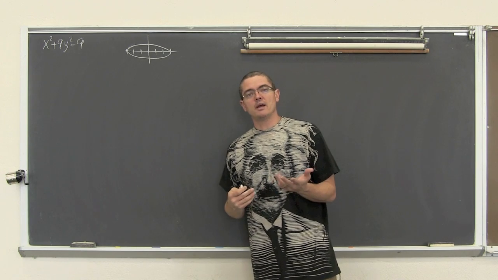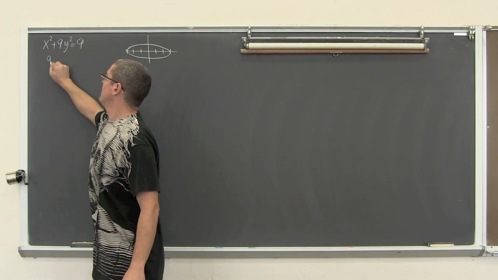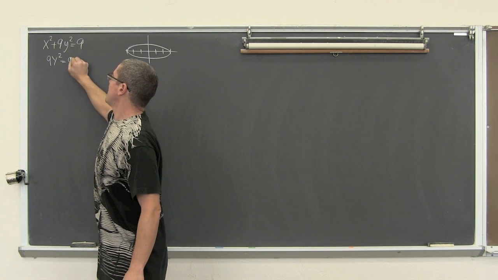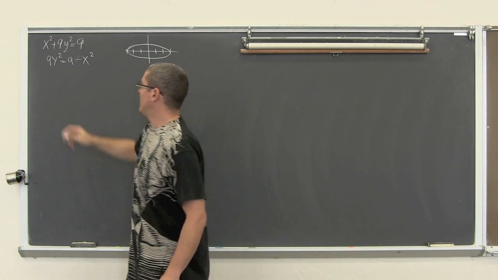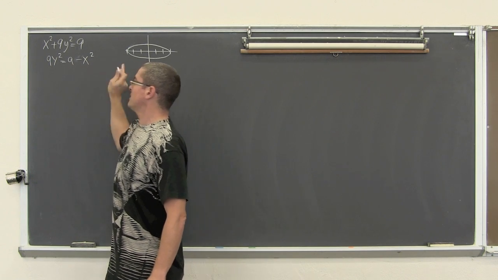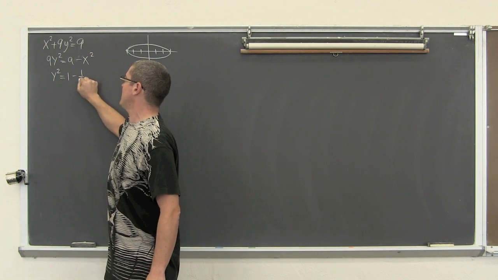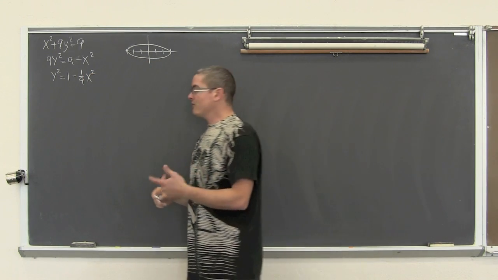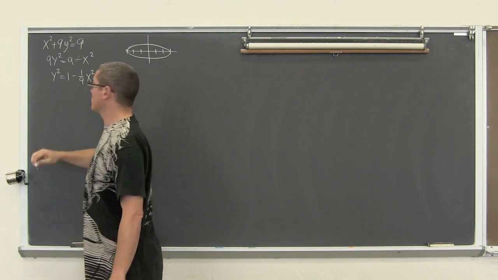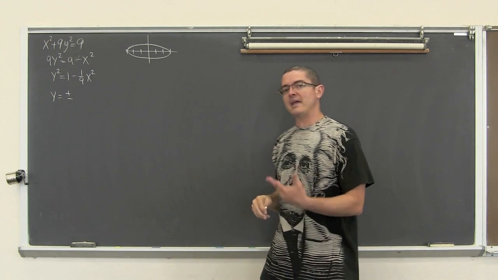Well, that means we have to get y alone. So we're going to subtract x squared from both sides, get 9y squared equals 9 minus x squared. Divide everything by 9. We'll get y squared equals 1 minus 1/9 x squared. Square root both sides. Whenever you introduce your own even root, don't forget to account for both the positive and the negative answer.